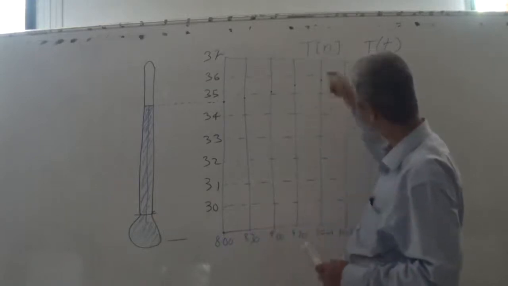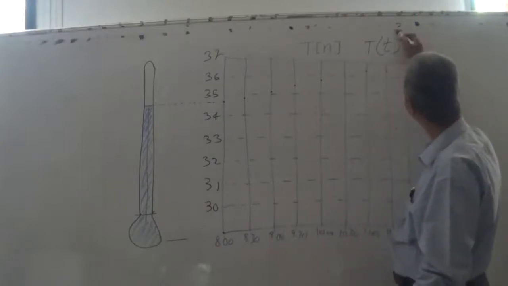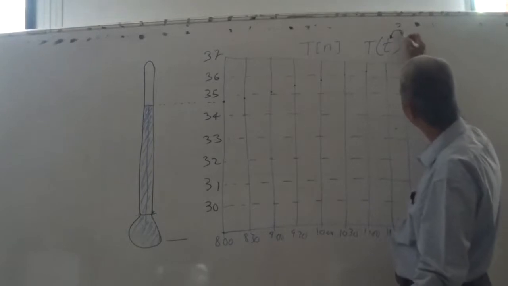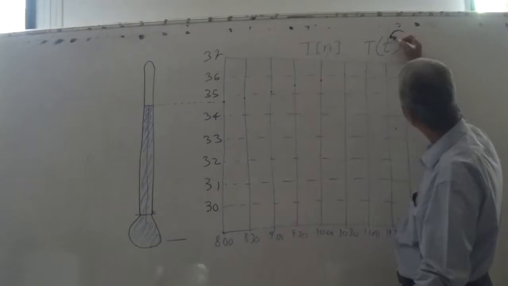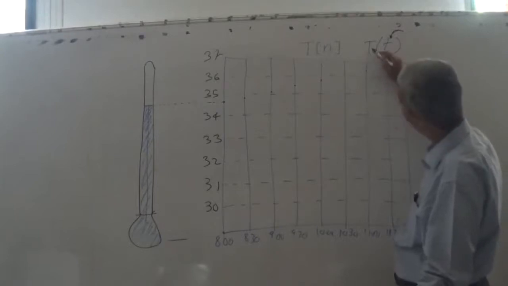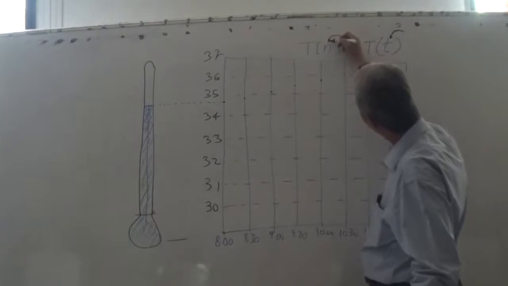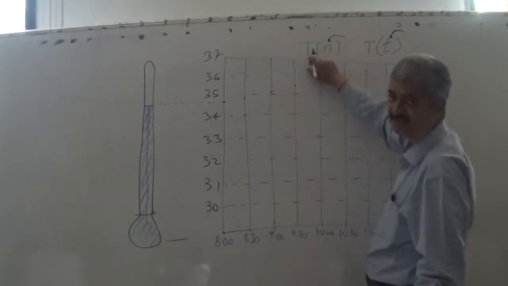This is the time at which the temperature is defined, whereas this is the sample number at which I take the temperature.